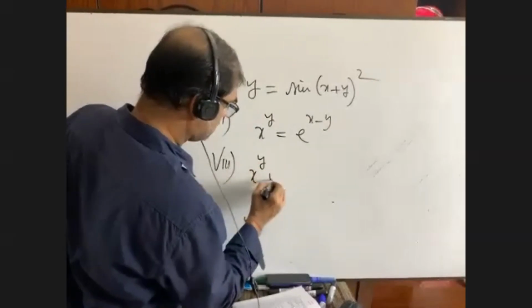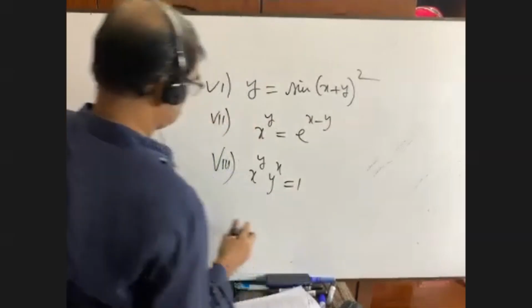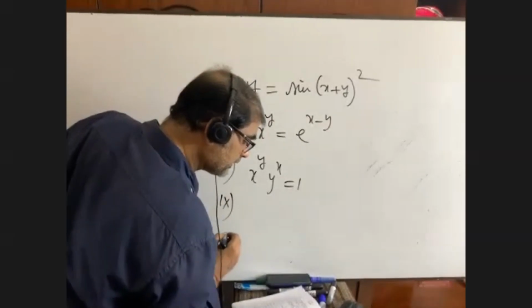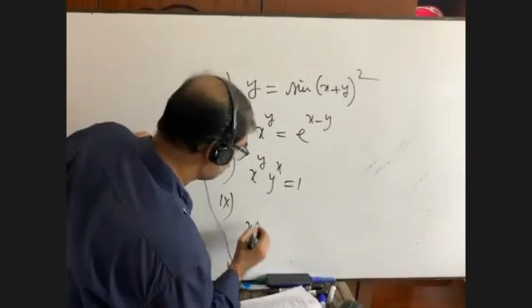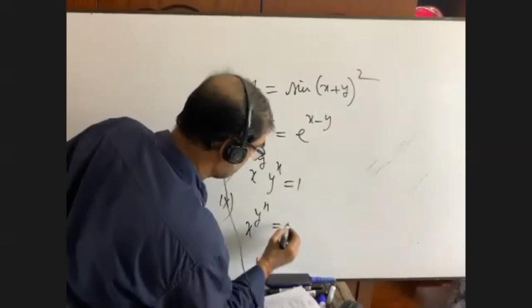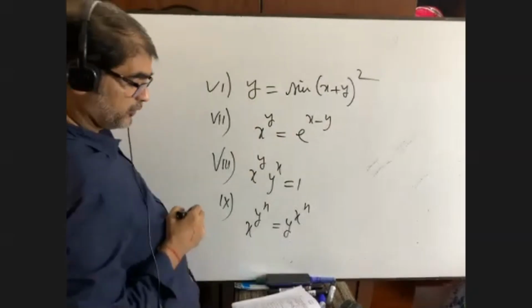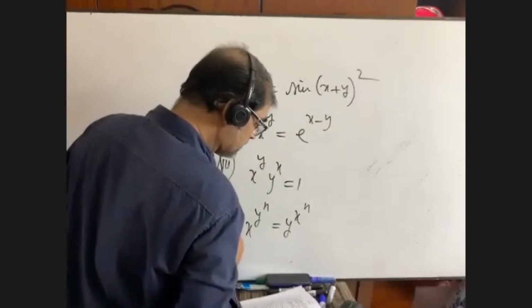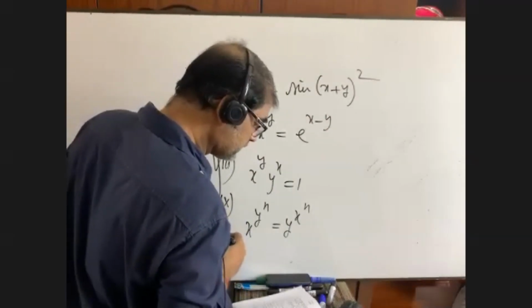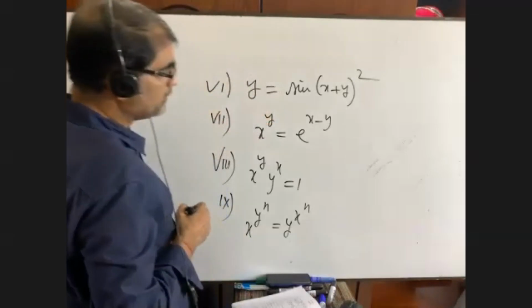X to the power y to the power x is equal to 1. Question number 9. X to the power y to the power n is equal to y to the power x to the power n. Okay. Then question number 10. I can find. Okay, you do this.